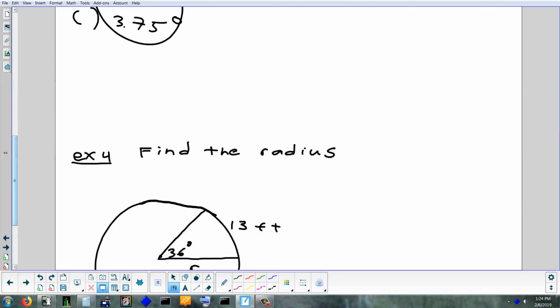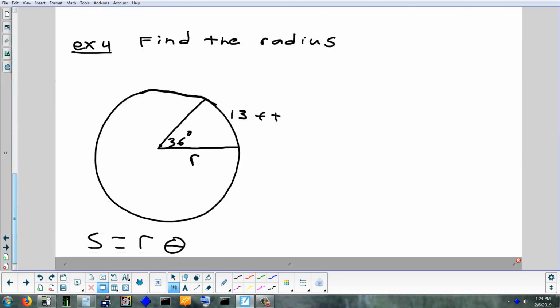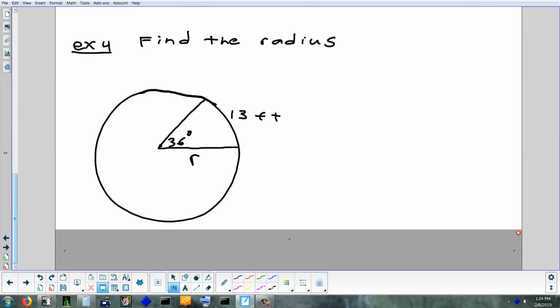Right, and let's try one more. The only combination we haven't done: they give you the arc length, they give you the angle, and now you find the radius. So my angle is 36 degrees, and my arc is 13 feet.